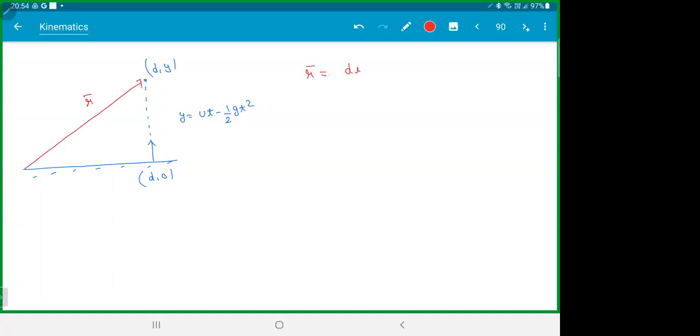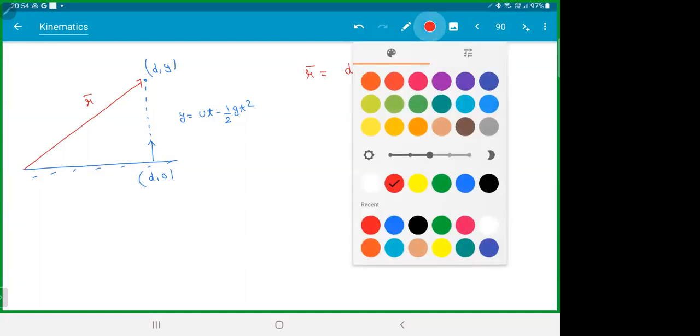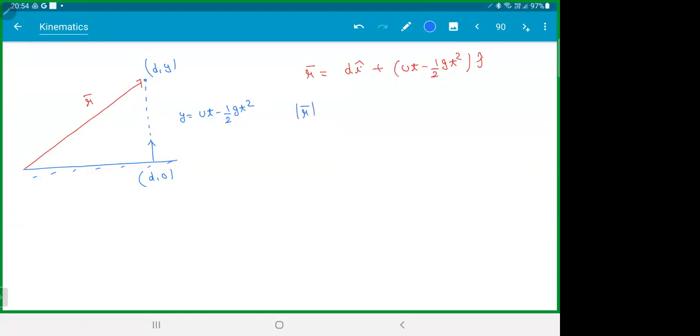So r bar would be d i cap plus (ut minus half gt square) j cap. So mod r bar would be the magnitude, root over d square plus (ut minus half gt square) whole square. And then you are supposed to differentiate this and you'll get something. That is one way to do. This is completely brute force. I will leave the working to you.